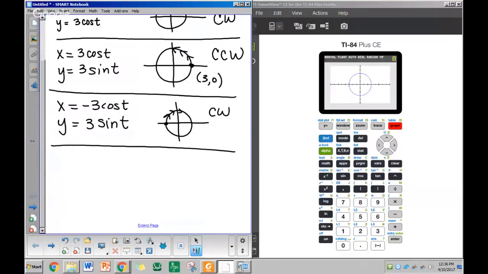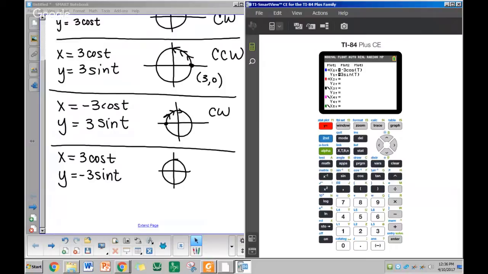What should we do here with the negative? Flip them. So we'll say x equals 3 cosine of t, y equals negative 3 sine of t. Now, where do you think it might start? Okay, let's see if you're right. We go back to y equals, and I'm going to get rid of the negative here and use second insert to put the negative.